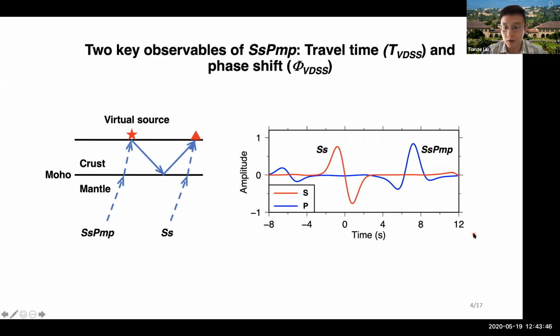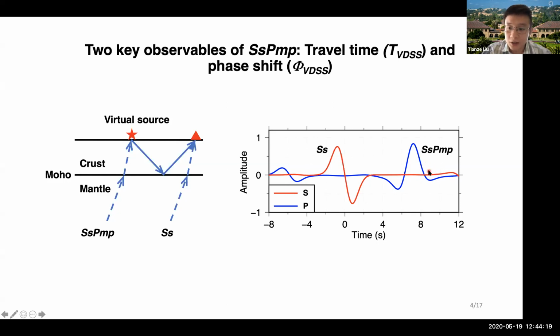For the ease of showing the two relevant phases, we separate the synthetic recordings into S and P components with a particle motion analysis program. Here, S is shown in red and P is shown in blue. The first feature we notice about this SSPMP phase is that it has very strong energy because it underwent post-critical reflection at the Moho.